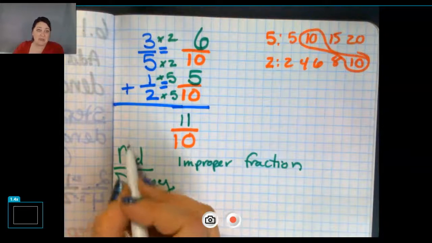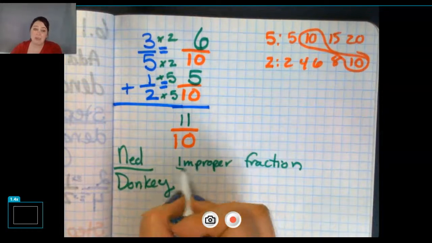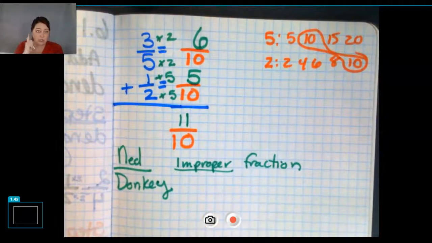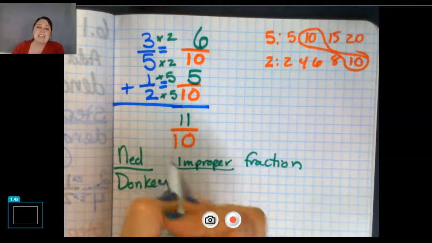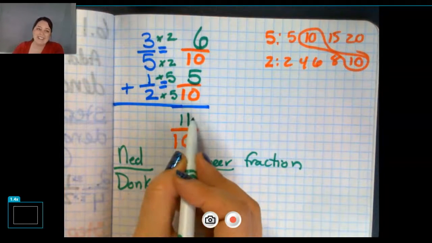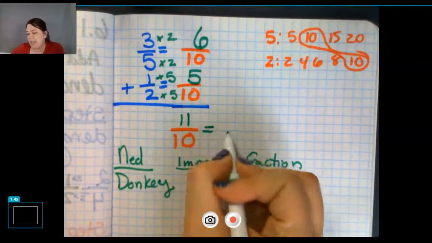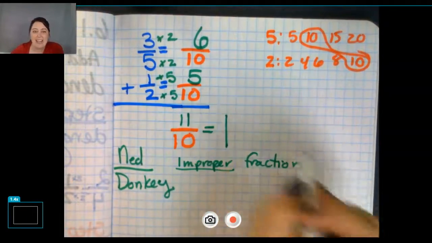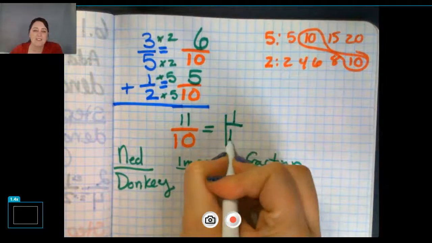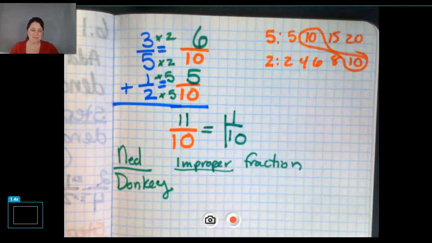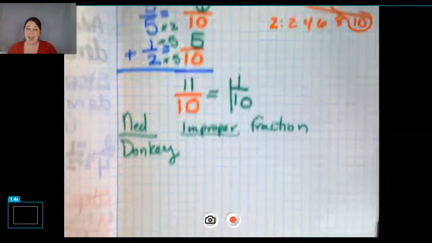It would squish him, and you don't squish your friends. When you do that, it's improper. Don't squish your friends. So what do we need to do? We need to think how many 10s are in 11 and how many 10s are left over. So this becomes 1 10 is in 11 with 1 out of the 10 remaining. All right, so that's how you add.